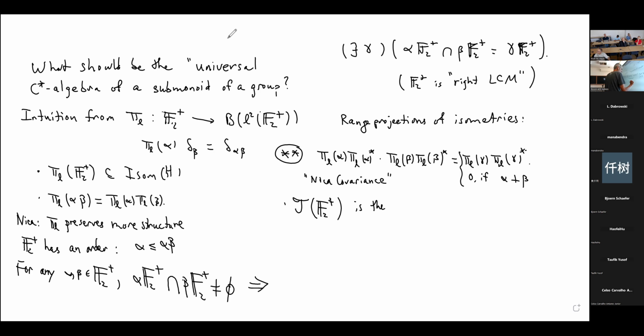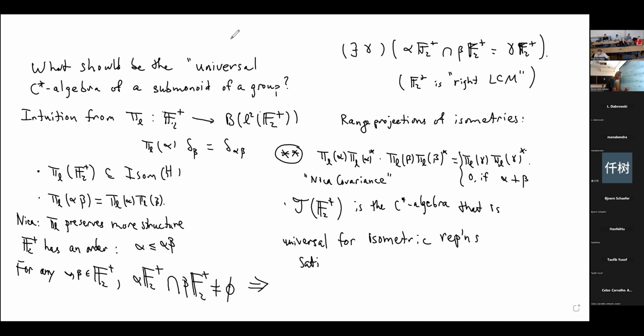This is the universal algebra, the universal algebra generated by an isometric representation by isometries satisfying this covariance.